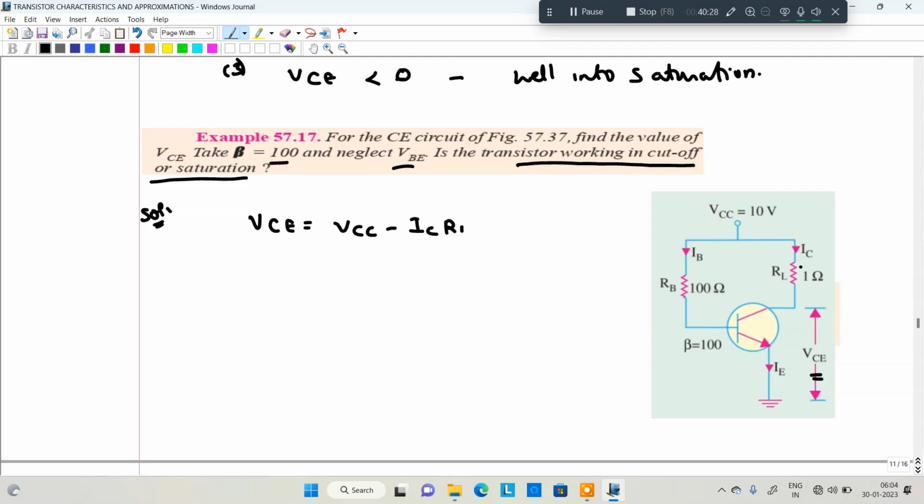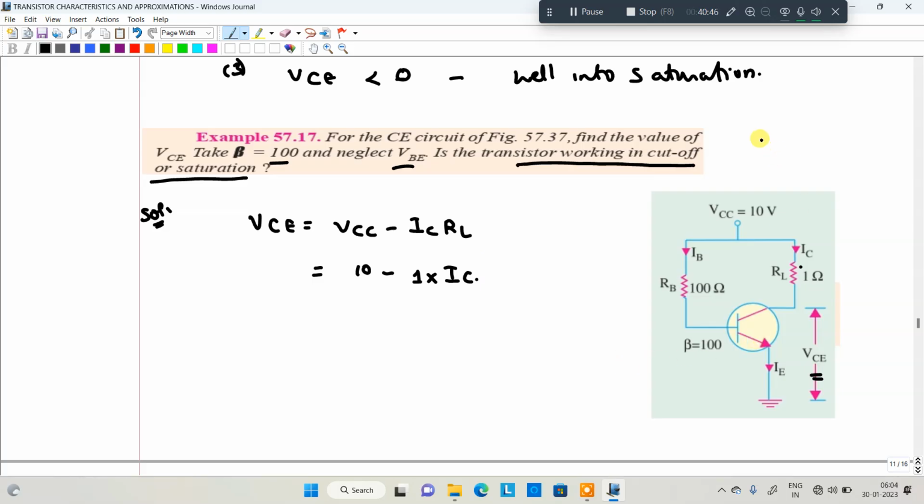From that, VCC is 10 minus IC into RL, which is 1, into IC. You don't know the IC value. First find out the IC value. How to find out the IC value?